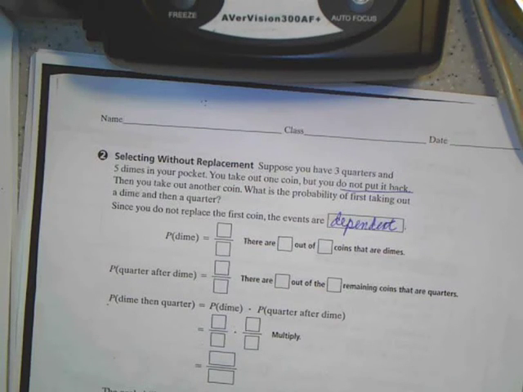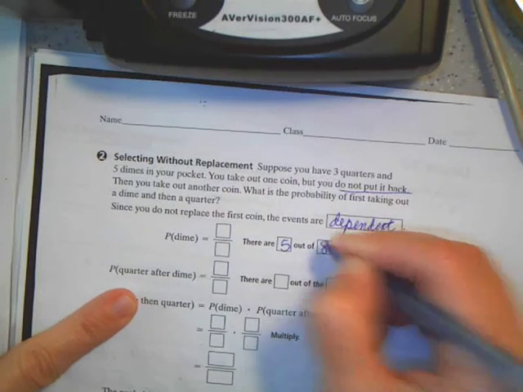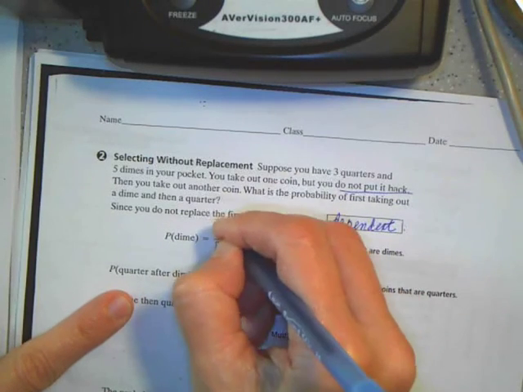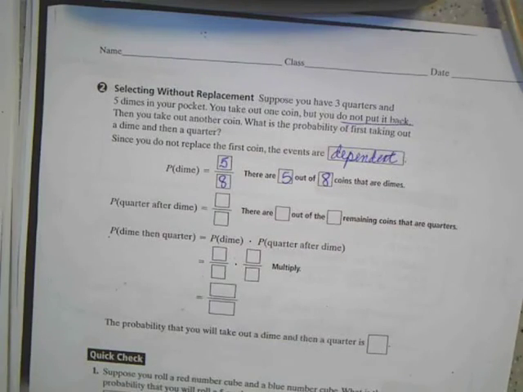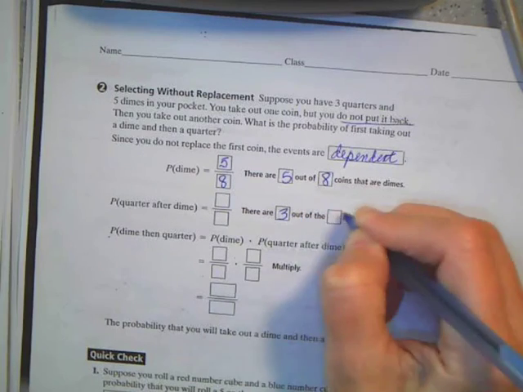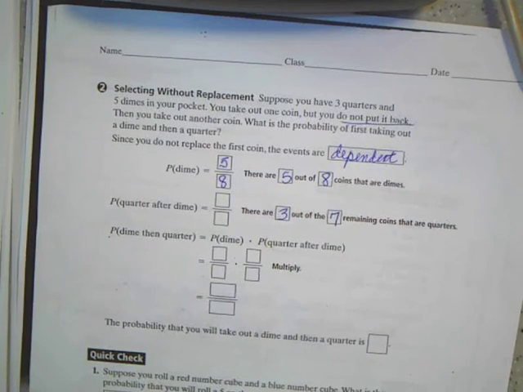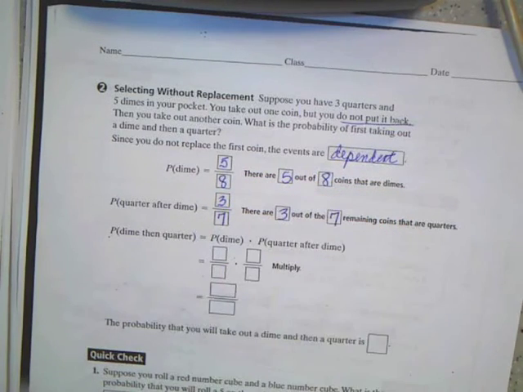Okay, so first of all, there are 5 out of 8 coins that are dimes. So the probability of a dime when I first draw is 5 out of 8. The probability of a quarter after a dime, there are 3 out of the 7 remaining coins that are quarters, so this is going to be 3/7 or 3 out of 7.